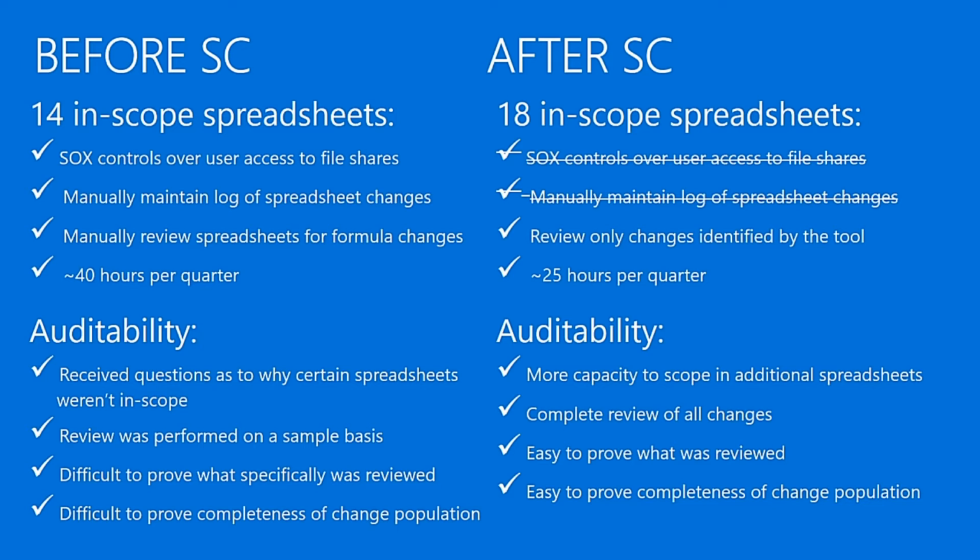So we had to implement access controls over who could get to the spreadsheet. If there were changes to the spreadsheet, we had to have people manually logging them in a log. So if you're adding a tab, deleting a tab, inserting a column, changing a formula, you'd have to go into a log, note what your change was. We had another person come in and independently validate that the change operated as intended.